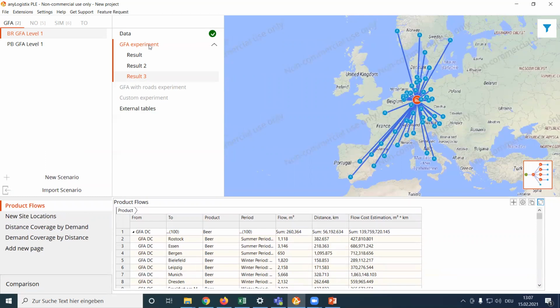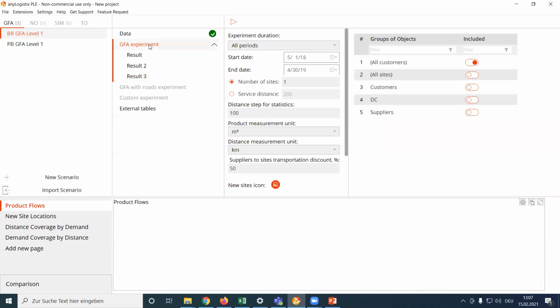With the same data, our supply chain manager can also run an experiment where, for example, 5 facility locations should be found. And then we can anticipate what would happen with our total transportation cost. As we know from theory, if we increase the number of warehouses, the transportation cost should decrease.